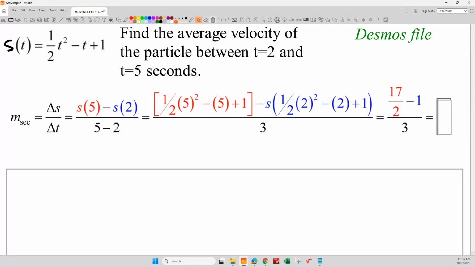If I just do that arithmetic, 17 halves minus 1, all over 3, it gives me 5 halves when I simplify. Okay? So assuming my units are standard, meters and seconds, my average velocity would have been about 2.5 meters per second the whole time.